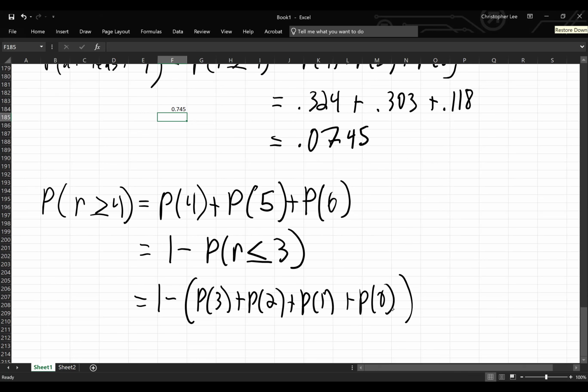That's this part here. You're just gonna find 3, 2, 1, 0, add them up, and subtract from 1.